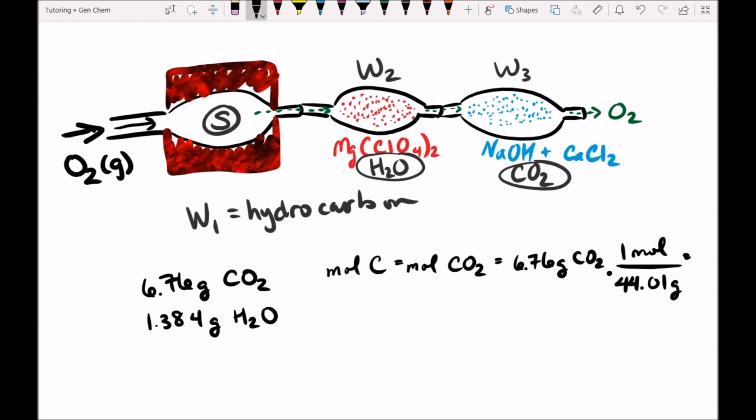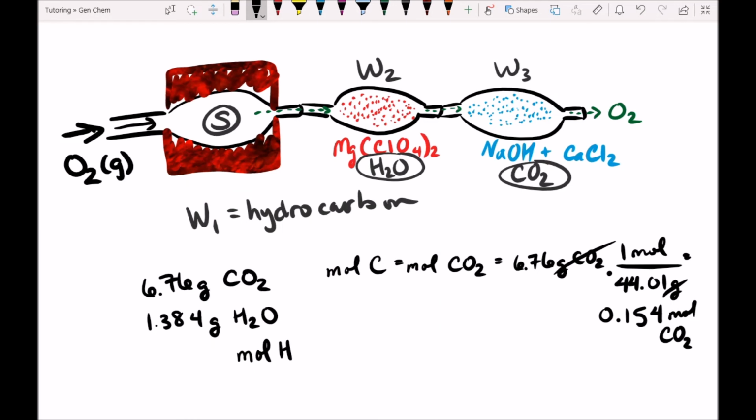So grams cancel out, and what we find if we plug this into our calculator is that we get 0.154 moles of CO2.